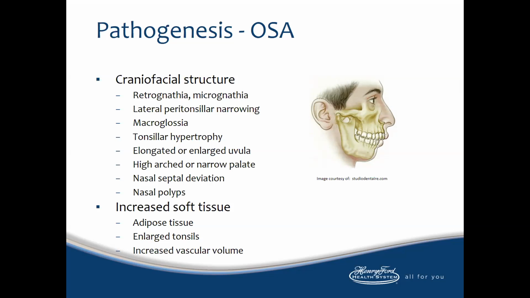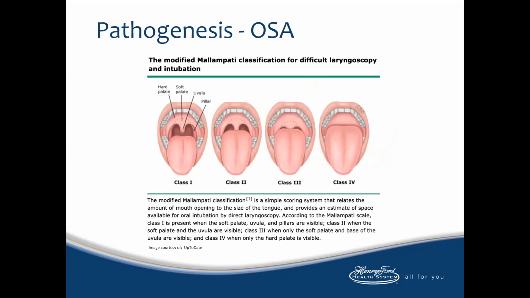Different palate abnormalities, whether it's high arched or narrow, can also cause more tendency to be obstructive, as well as nasal polyps and nasal deviation. Increased soft tissue in this area, a lot of times it's adipose. Most of these patients can be obese, but not always, or increased vascular volume as well can cause more displacement through transmural pressures.